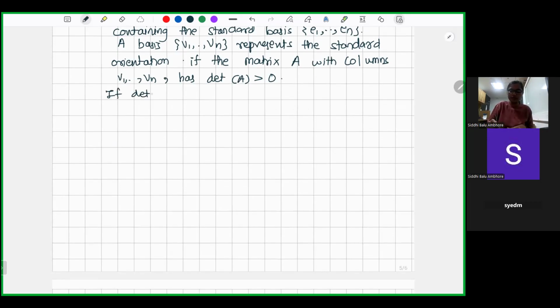If this determinant of A is less than 0, then it represents the opposite or negative orientation.